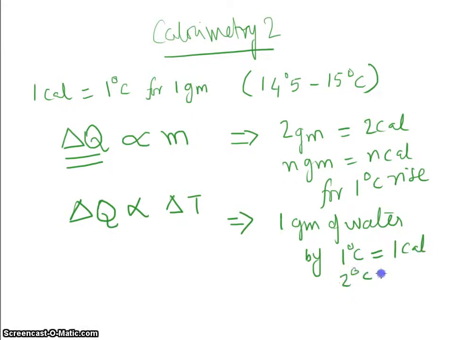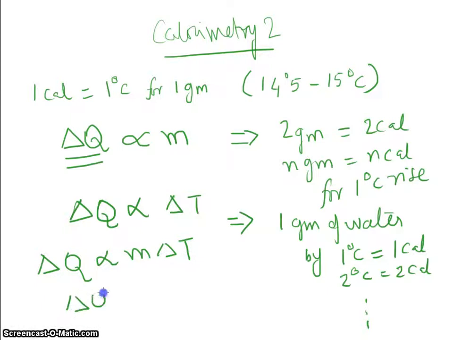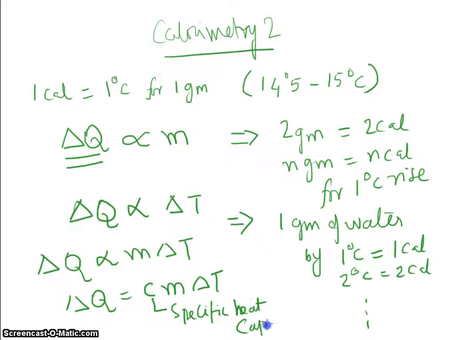By 2 degrees Celsius, then I need to give 2 calories, etc. So in general, if I can generalize this, delta Q is directly proportional to m into delta T, or delta Q is equal to C m delta T, and the C is called the specific heat capacity.